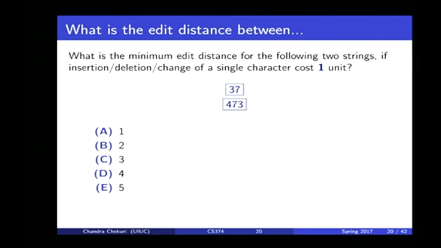Is it 2 or 3? 3. Just tell me why the blank space. It's 3. Okay, what is the alignment? You can align 3 to 4, 7 to 7, and so that's one cost, and then the blank is 1. So it is this change and that change, only 2. Yeah, you shifted that too.